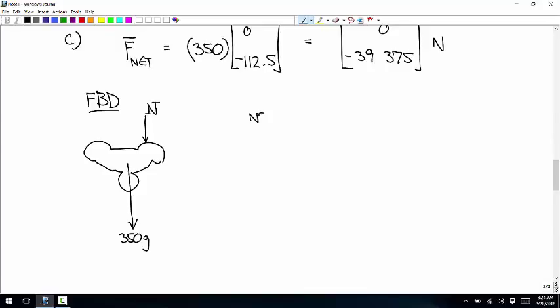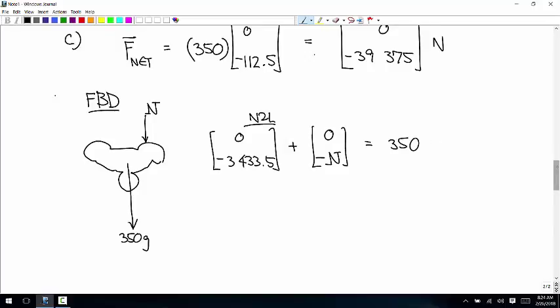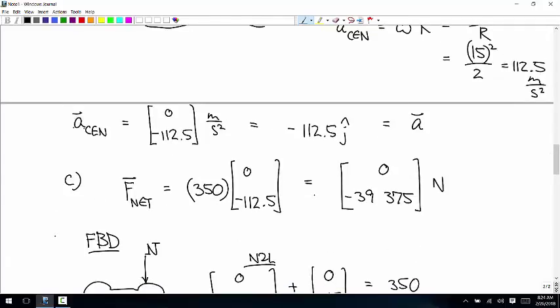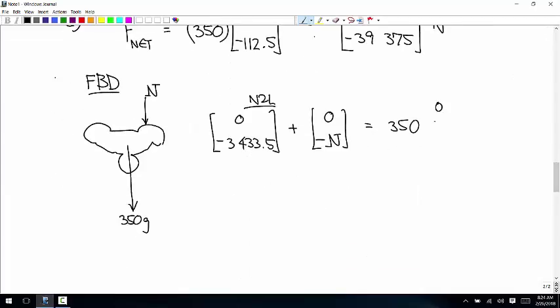And Newton's second law then says 0, what's 350 times 9.81? Negative 3,433.5. And then plus 0, negative N, is equal to the mass times the acceleration that we calculated, 0, negative 112.5.